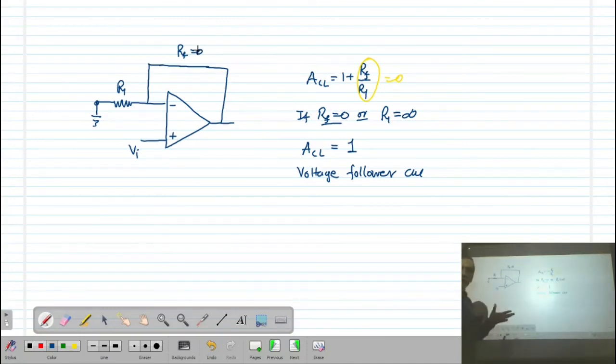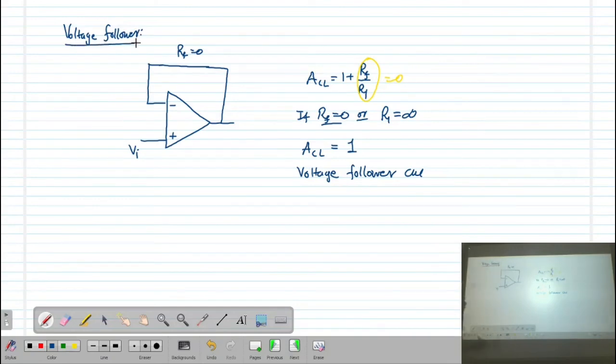Infinite means no resistance. You don't have to connect anything. So if you are not connecting this resistance R1, whatever circuit we have, this circuit is a voltage follower. Remember, this is known as voltage follower.